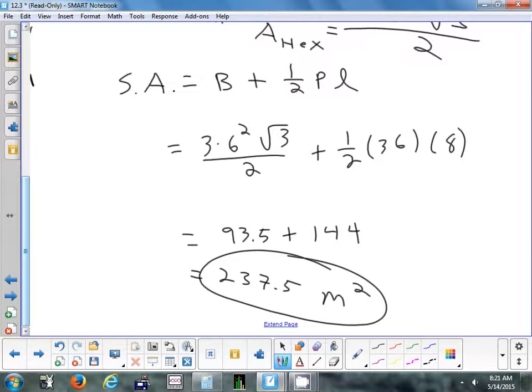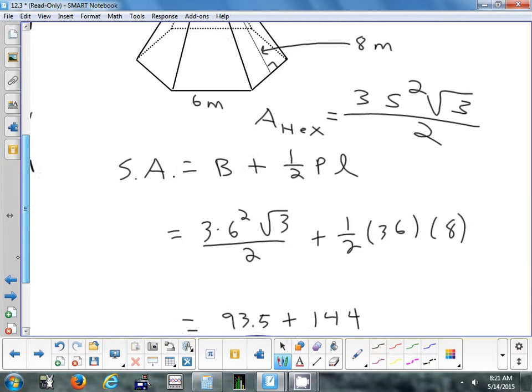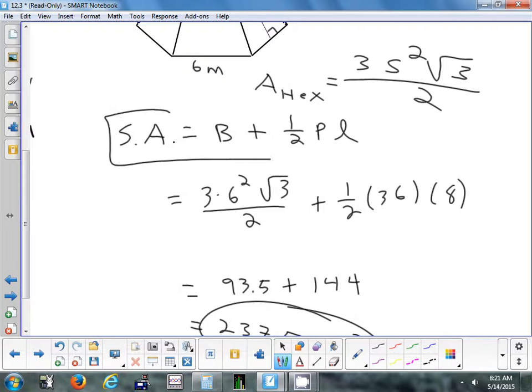Any question on that? Before we go on to cones, keep in mind, in this formula, there's 1, 2, 3, 4 variables. All I have to do is give you 3 out of 4. In this case, I gave you what you needed to find the area of the base.